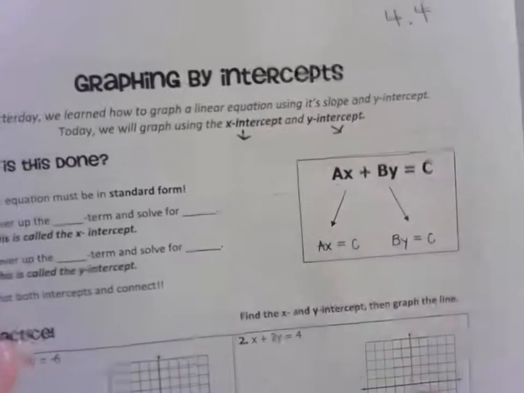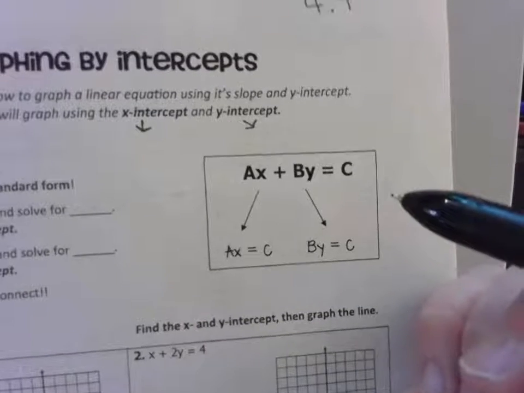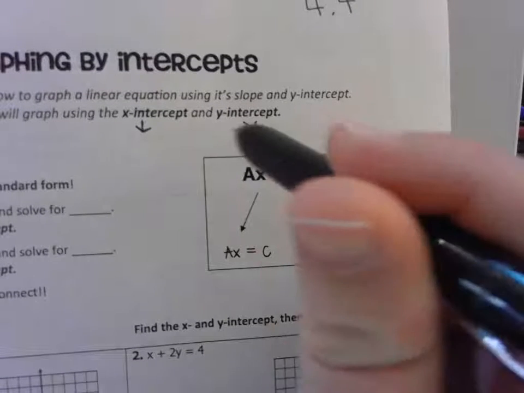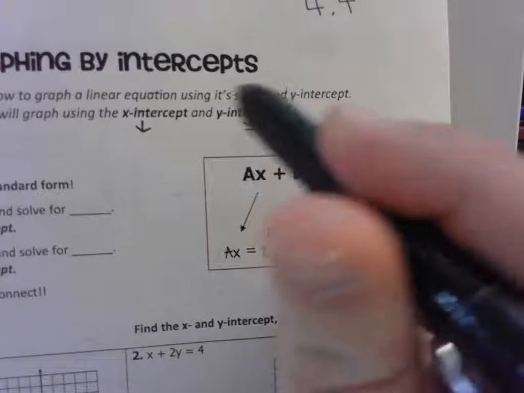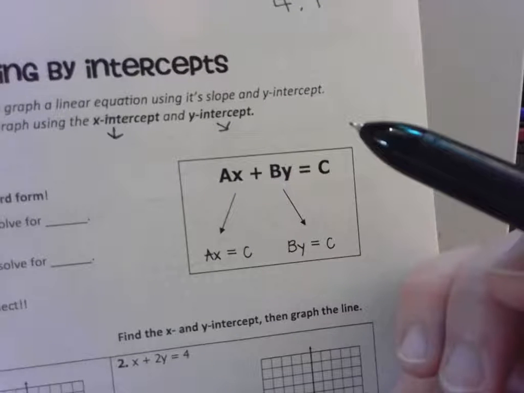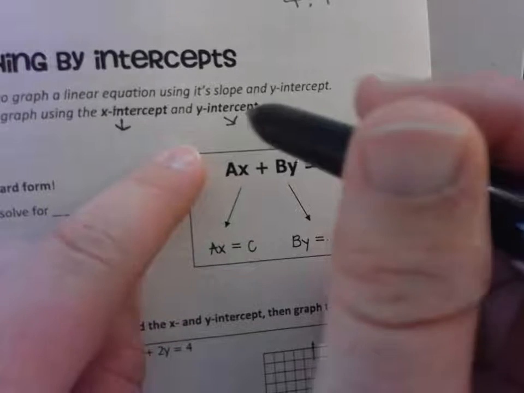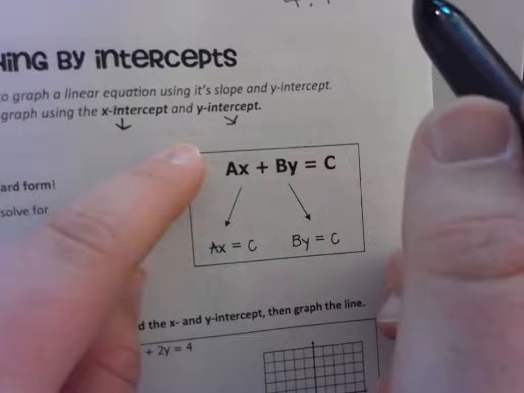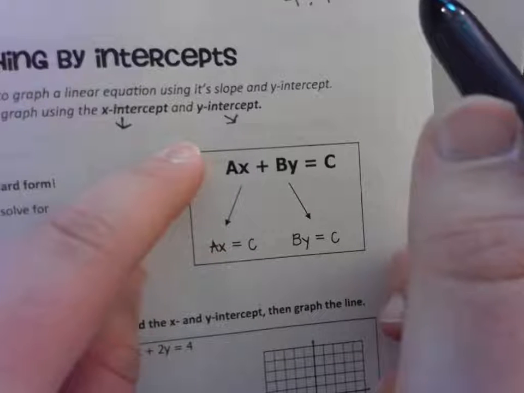What's the definition of the y-intercept? Look at your notes from before break if you need to. No, that was slope. Slope was rise over run. The y-intercept. What do I mean by the word intercept? Not necessarily where two lines cross, but kind of close.